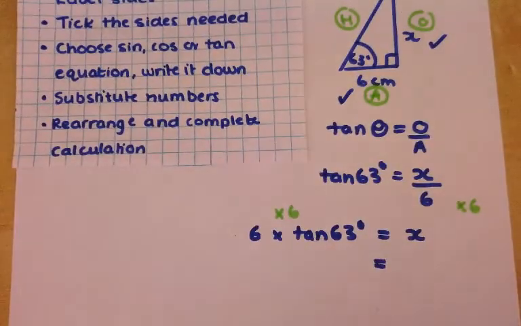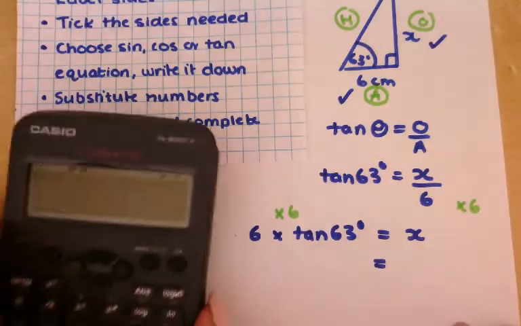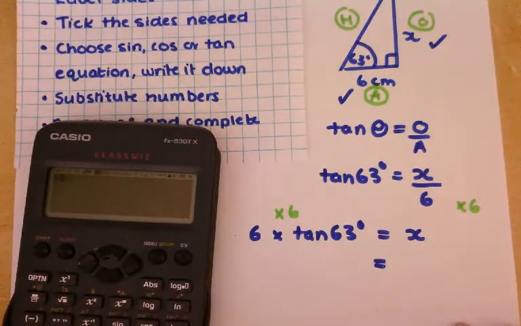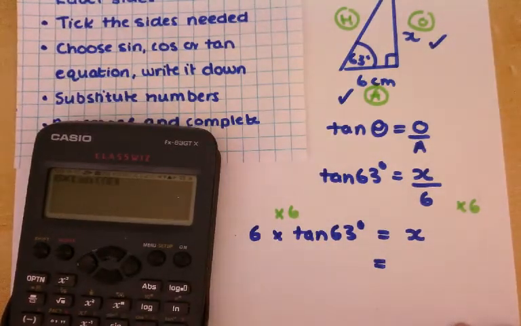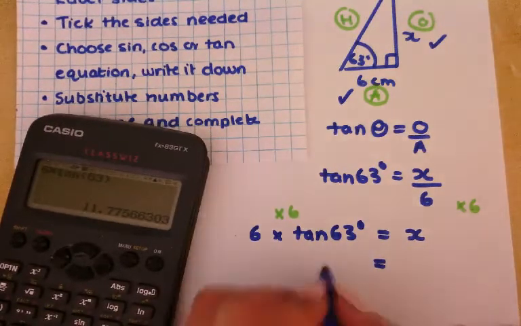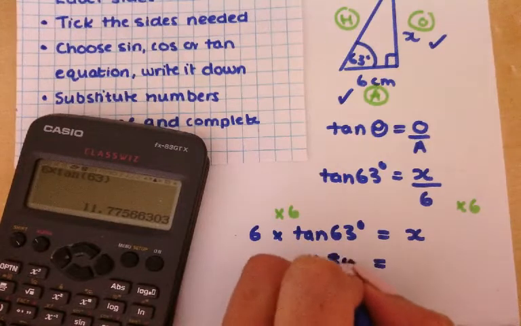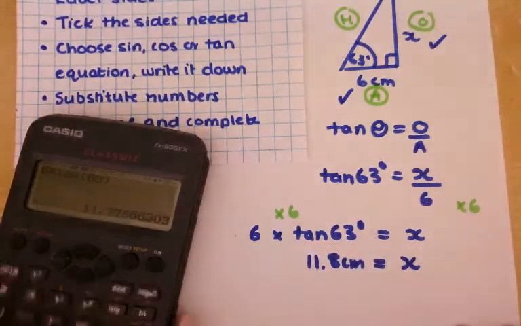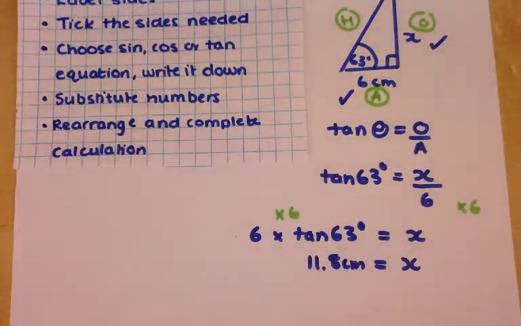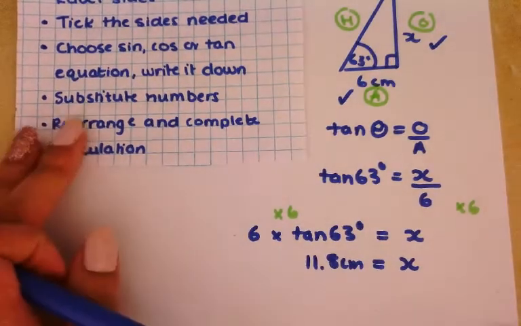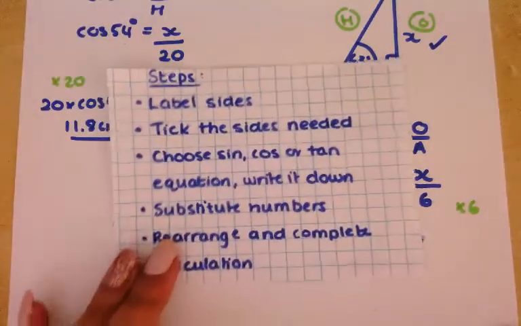I'm going to put those into my calculator. 6 times tan of 63, close bracket, is 11.8 centimetres. And here's a summary of what you do.